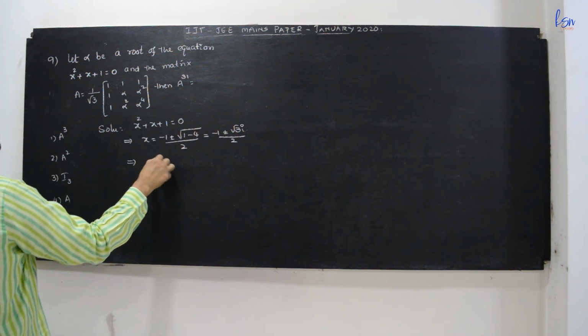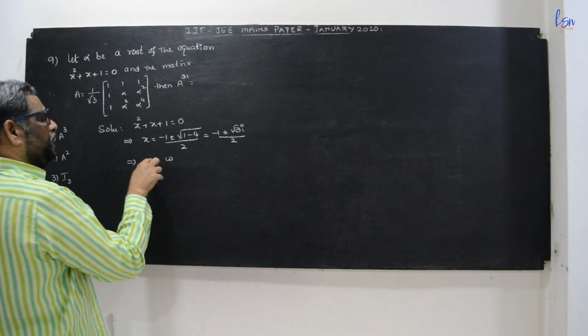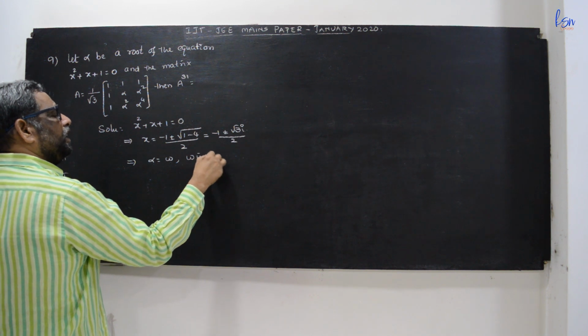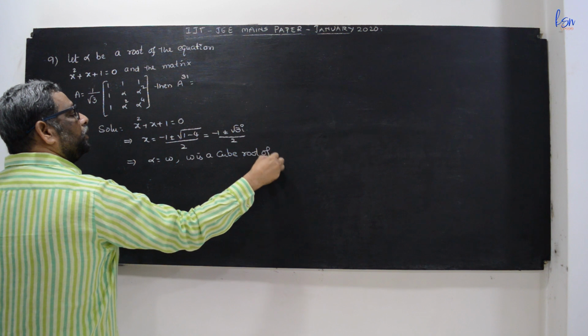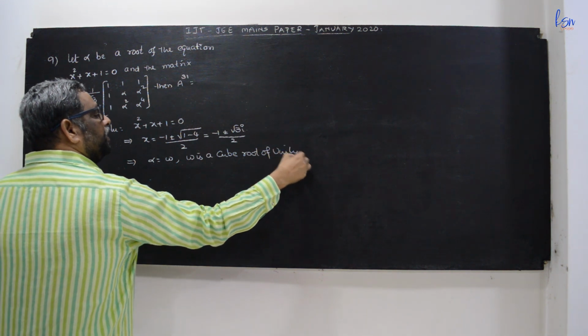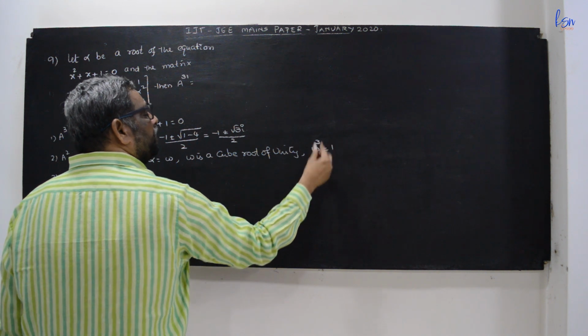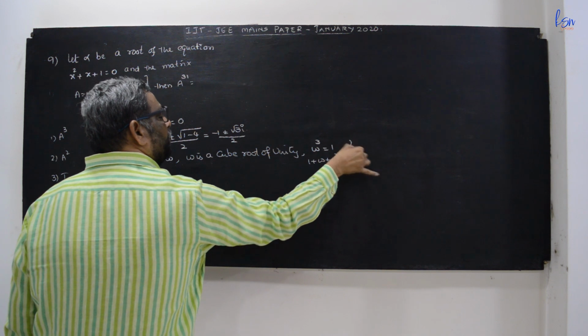So I will consider alpha as one of the roots, alpha is omega. Whenever omega is a cube root of unity, omega cube equals 1 and 1 plus omega plus omega square equals 0.